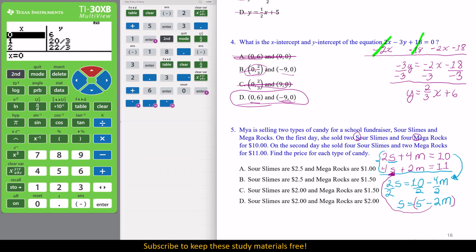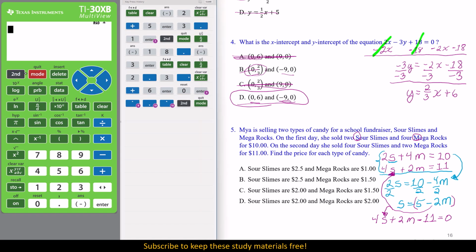We need the 4S, okay, plus 2M minus 11 equals 0. So we're putting it into a form we need by subtracting 11 from both sides, like we did in prior videos. Now we have something to put in the calculator, remembering we're substituting here.